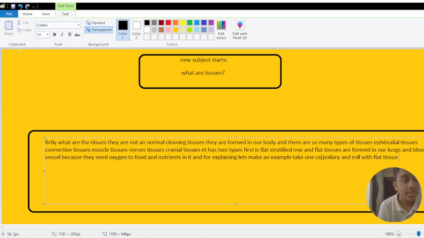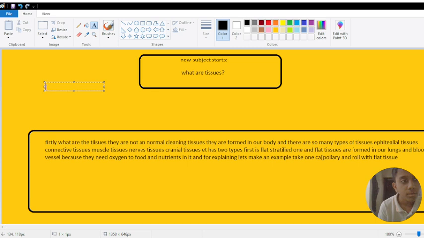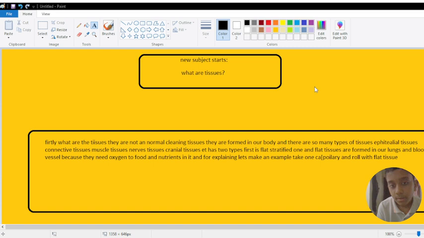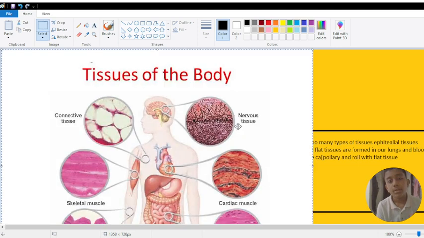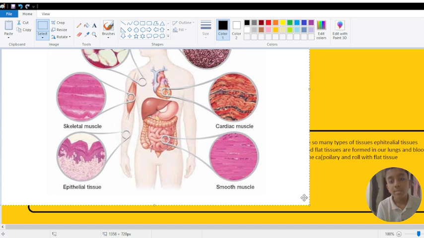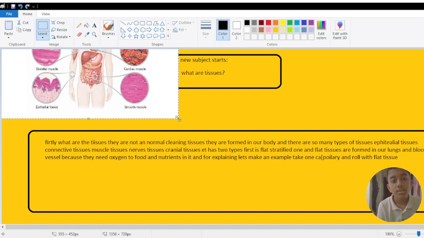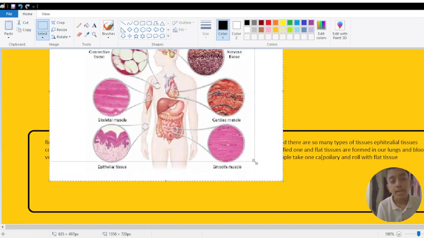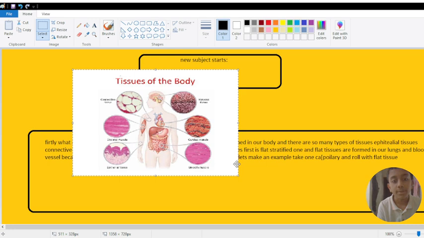Wait, let me paste one picture here. I'm pasting a picture to make it more clear and easy to understand. I have brought one picture here. This one. You can see here there are so many types of tissues that we are going to cover in our video.